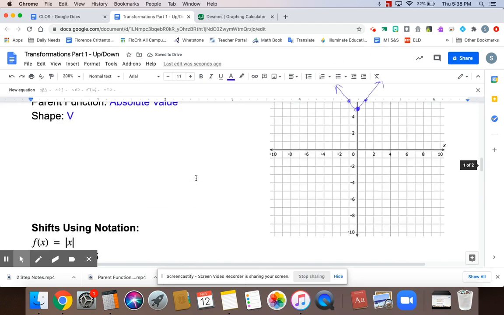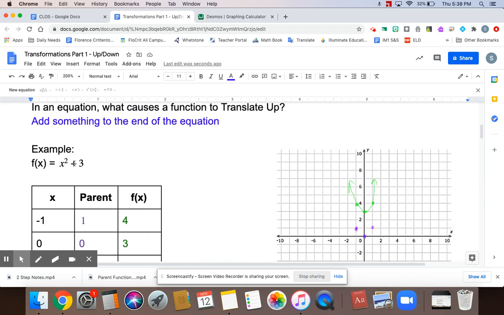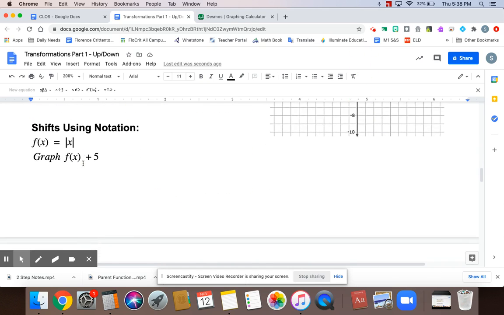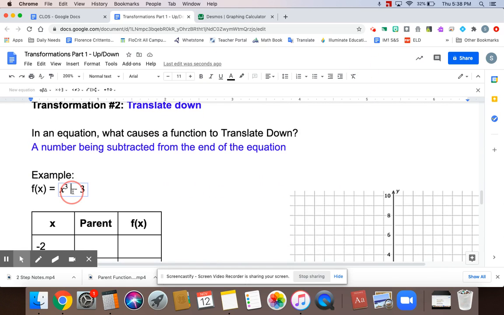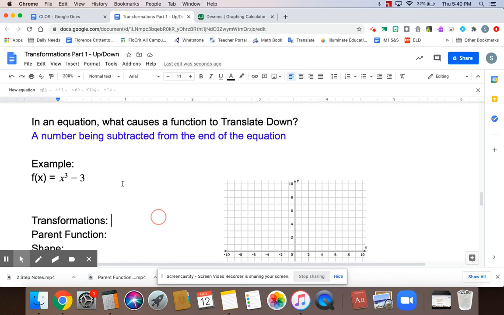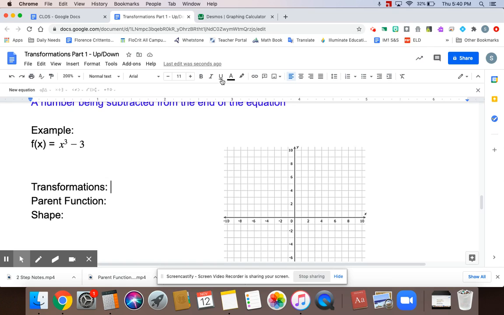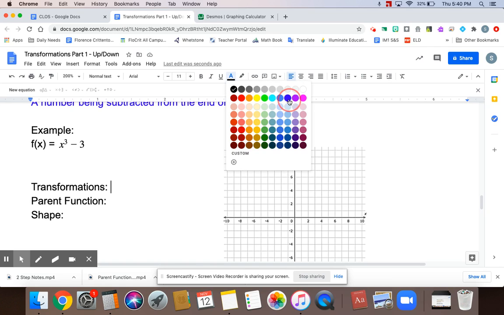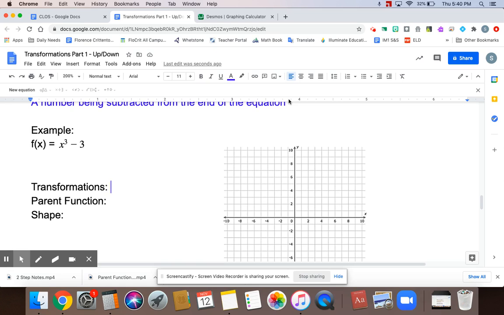So for translate up, it's adding at the end, it's going up. But if it's subtracting at the end, then it's going down. So for this one, if you see the -3 at the end, the transformation is what? We need to translate down 3.